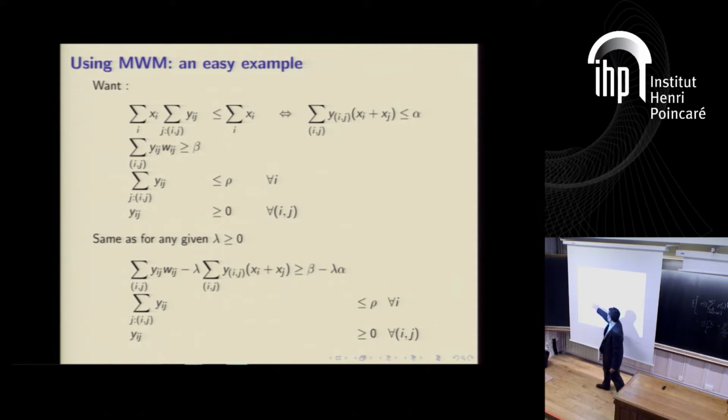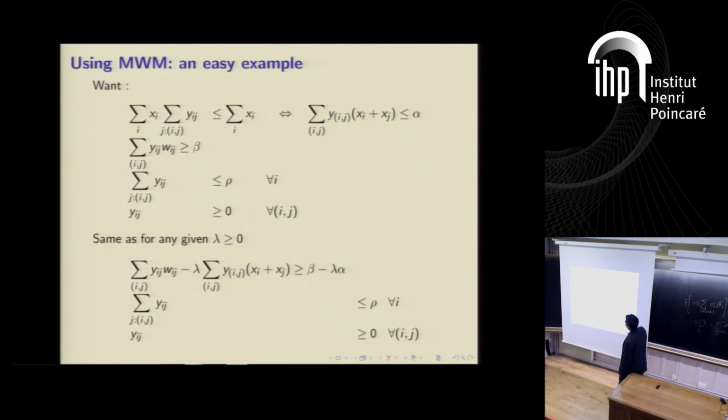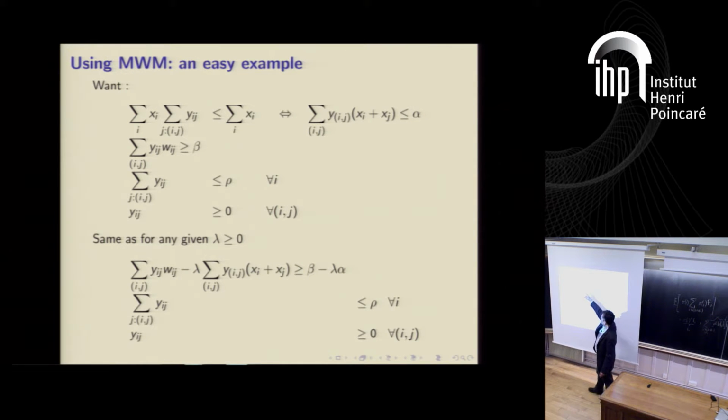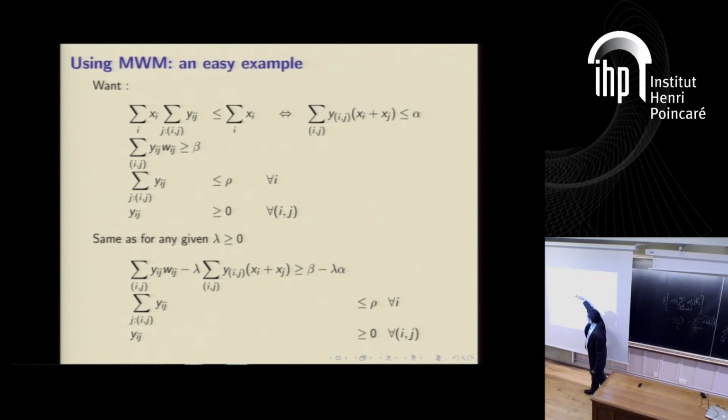So this is a problem which you want to solve. An easy transformation of the top inequality is that instead of multiplying by xi and taking the sum over i, you can sum it over the edges, and it's the yij times this. I haven't done anything yet. Now, if you look at this, I have these two constraints and this easy set of constraints, which I've been calling.